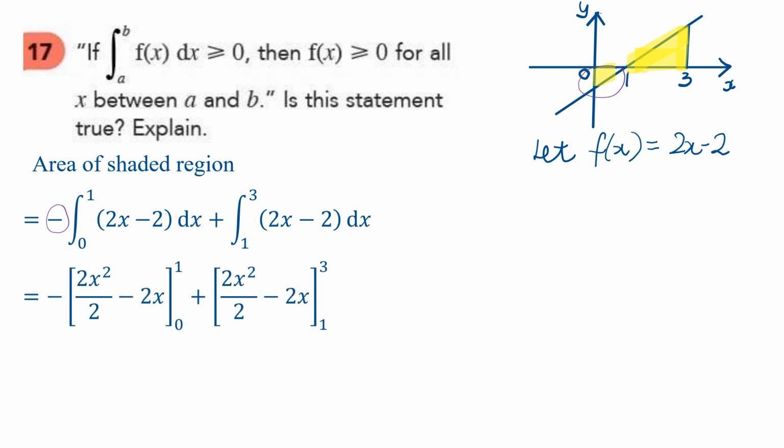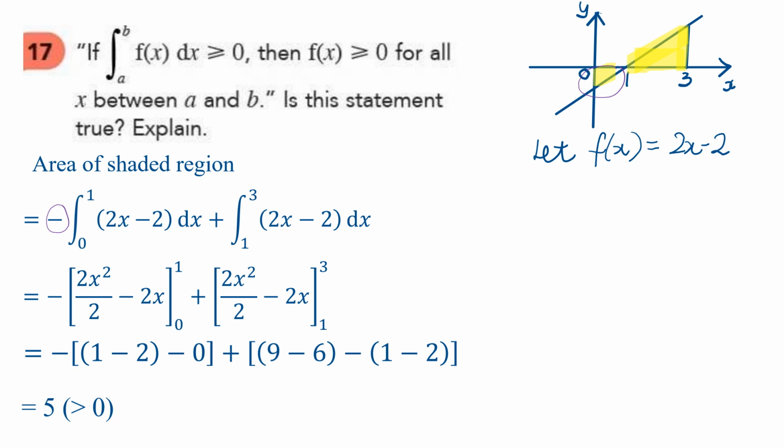Okay, and if you were to substitute in the limits, like what we've done for the first few slides, if you do it properly, you would get the answer to be 5 unit square. All right, and you see that 5 is actually more than 0, which satisfies this part here, right? Now we're going to justify this part here.